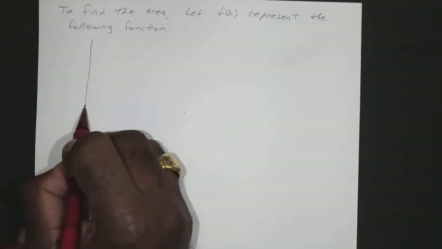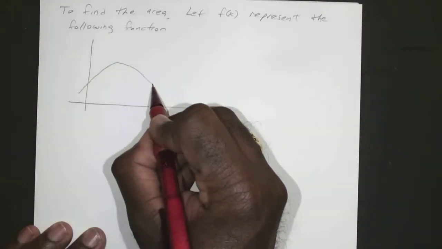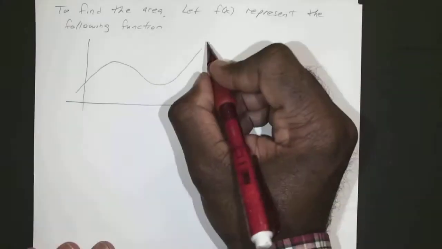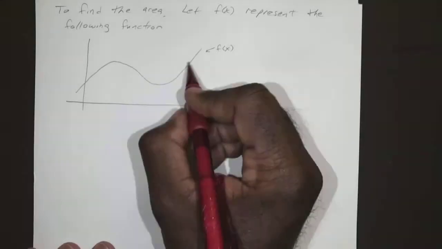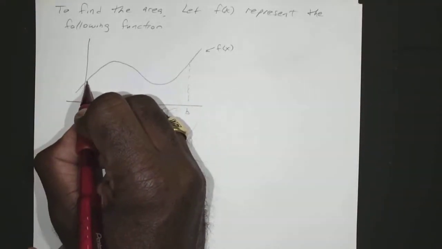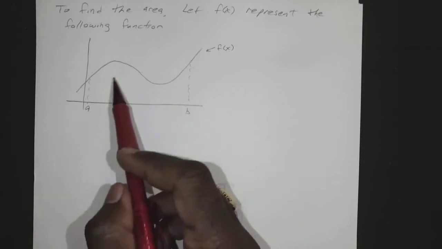Okay, so let's say if we have a function here, but this one looks kind of odd, just oddly shaped function. This is our f of x. And we're looking between some points A and B. Right there. Okay, so we want to find the area of that graph.